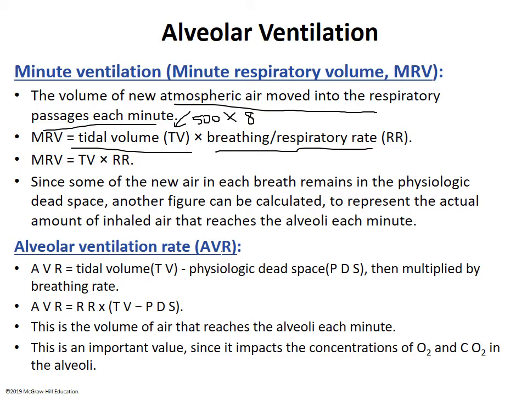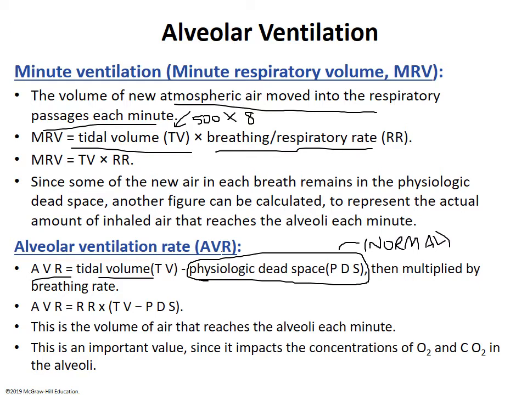Now, for the alveolar ventilation, we take the tidal volume, and now I separate the dead space out of it, the physiological dead space. And remember, if it's normal, physiological dead space is simply anatomical dead space.